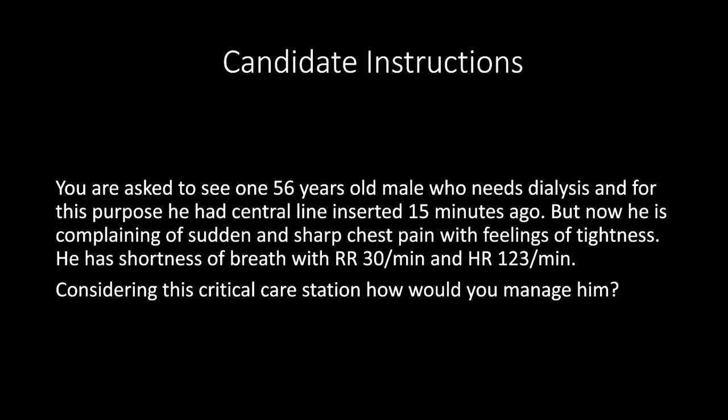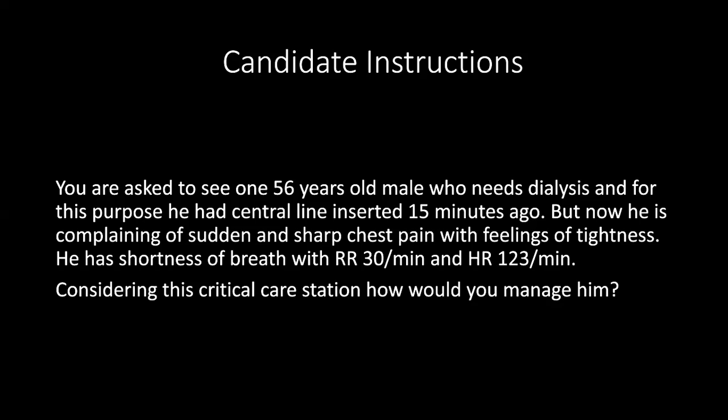What is your provisional and differential diagnosis for this scenario? What has happened to the patient? My first provisional diagnosis is tension pneumothorax. My differential is hemothorax or cardiac tamponade. So what is your next step?